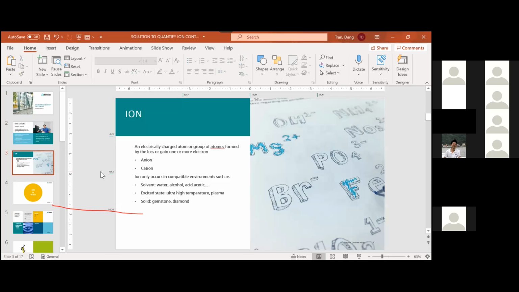Maybe Mr. Thiện knows about this equipment. This is not our field, because understanding chemistry is very difficult for me.